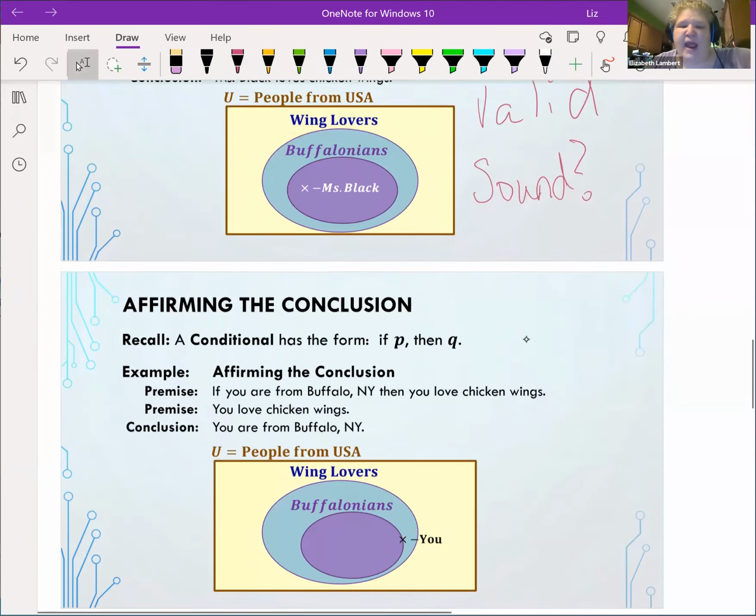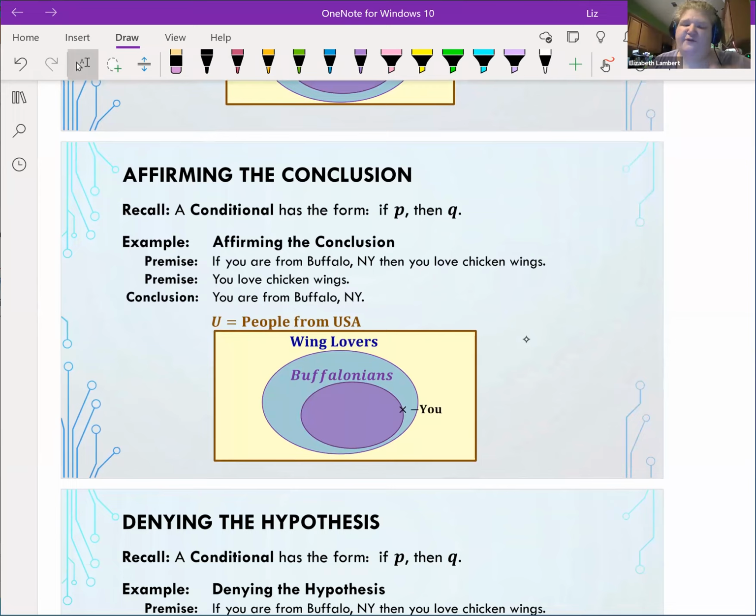All right, then we have the argument structure of affirming the conclusion. We have our same premise: if you are from Buffalo, then you love chicken wings. And our other premise is you love chicken wings. We have our same initial Venn diagram, but now we know you're within wing lovers because you love chicken wings, but we don't know if you're inside the Buffalo circle or outside it.